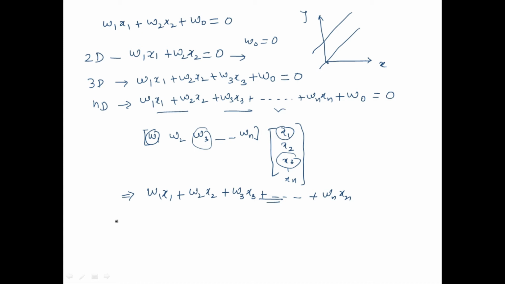Okay, we know that by default any vector is a column vector. What is the weight vector here? w. The column vector is w1, w2, w3 up to wn.